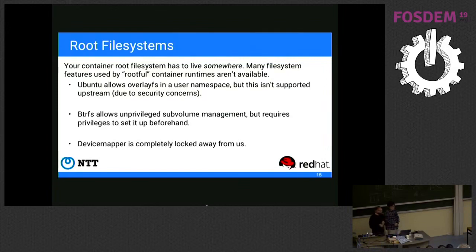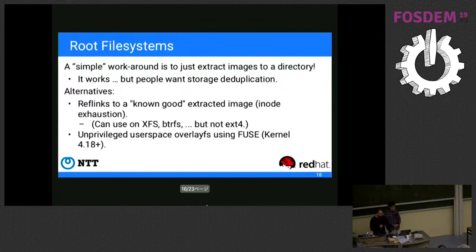Ubuntu allows overlayFS in a user namespace, but this is still not supported upstream as there are some security concerns about opening it to unprivileged users. But btrfs can also be used by an unprivileged user, though it requires being configured beforehand. And the device mapper is completely unreachable for rootless. The simplest solution is just to extract the image as it is.